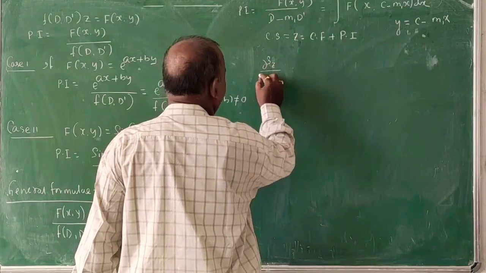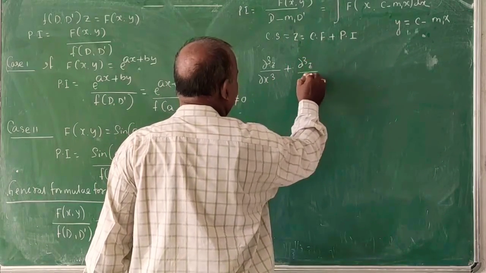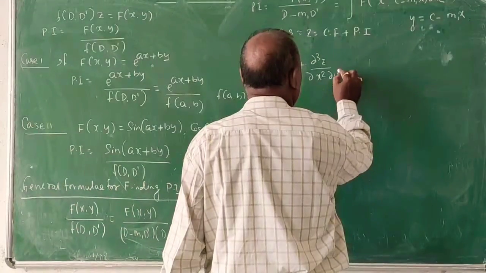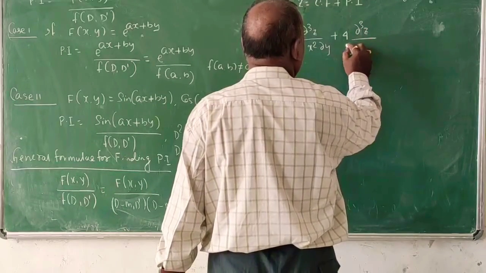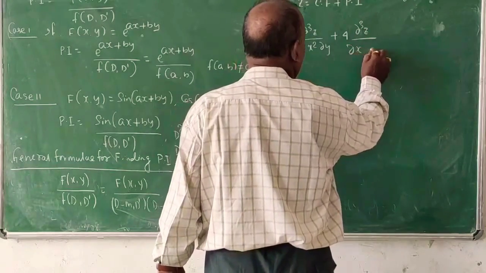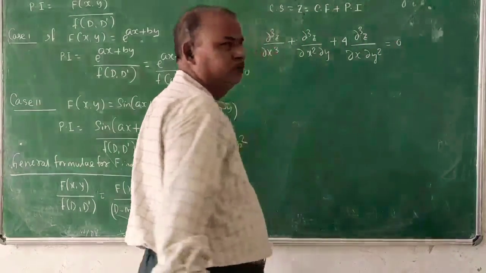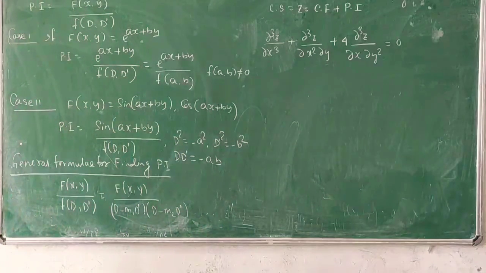Solve: del cube z by del x cube plus del cube z by del x del y square minus 4 times del cube z by del y cube is equal to 0. In order to solve it, if you look at this, the right-hand side is 0. The only thing you have to find is the complementary function.